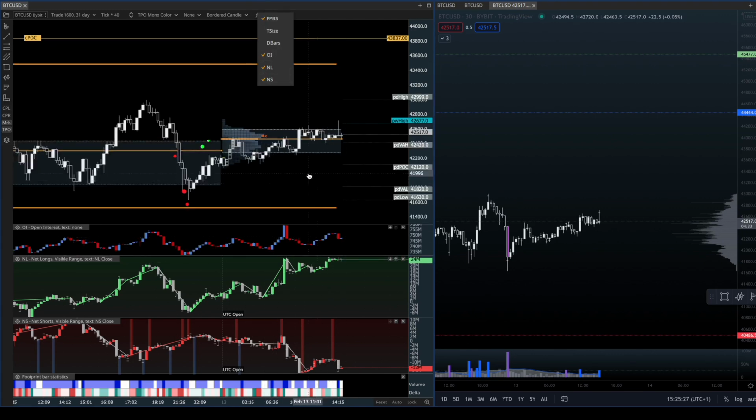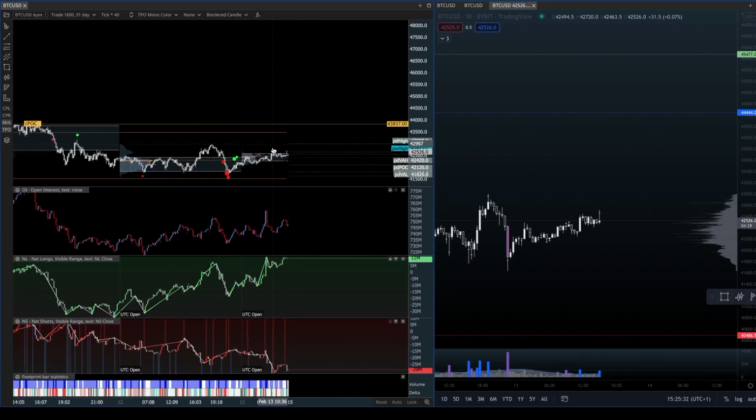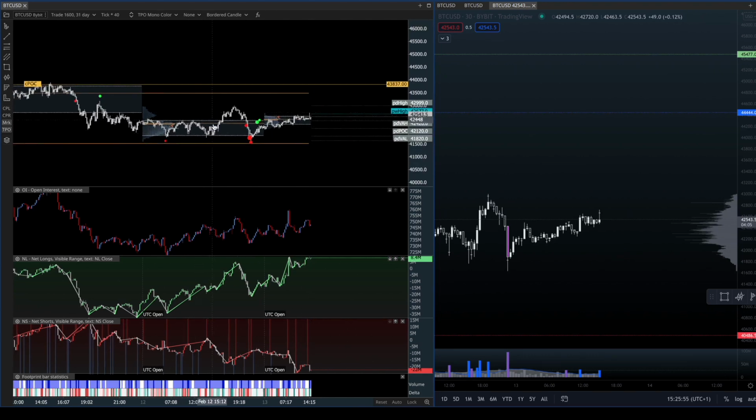If you don't know what open interest is showing you: if price goes up and open interest goes up, that means new longs are opening. If price goes down and open interest goes up, it means new shorts are opening. But if price is going up and open interest is going down, that means the shorts are covering. It's not new longs opening, but only shorts that are closing.